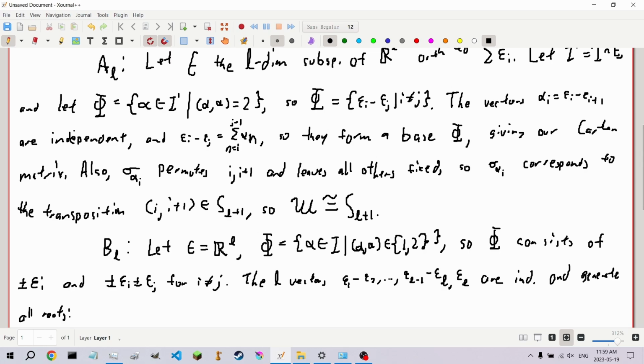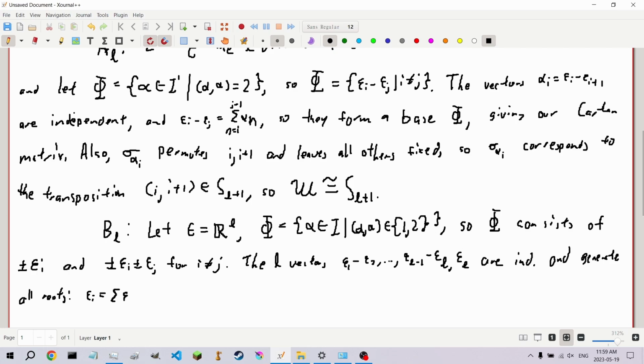So we can generate short roots e_i as e_L plus the sum of e_n minus e_(n+1) for n equals i through to L minus 1. So essentially we started with e_i, which gives us an extra term, and we telescope that all the way out to e_i minus e_L, and then we just add e_L back in.